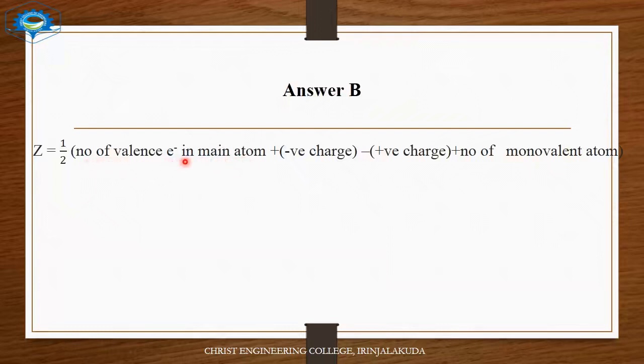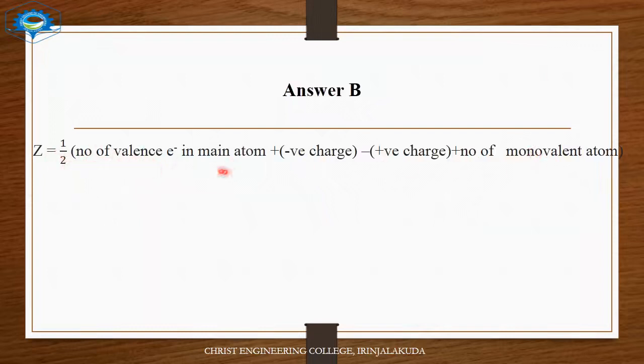Plus the negative charge, if there is one, add that value; minus the positive charge, if there is one, subtract the value; plus the number of monovalent atoms, that is, atoms with valency 1 connected to the main atom.